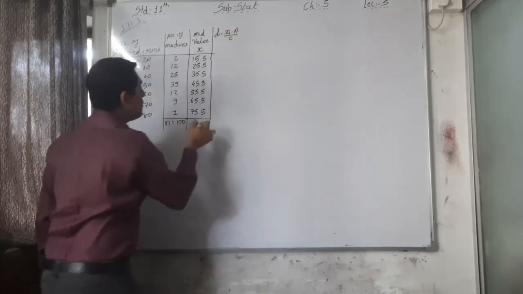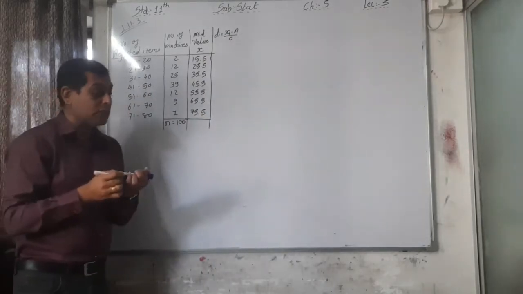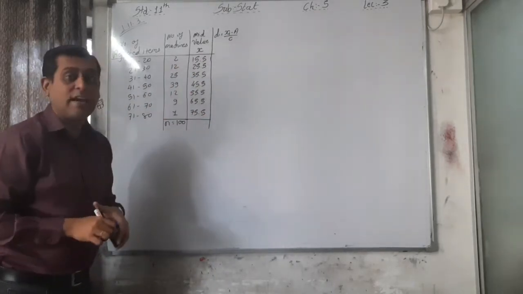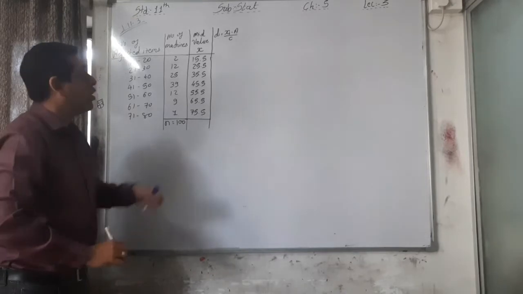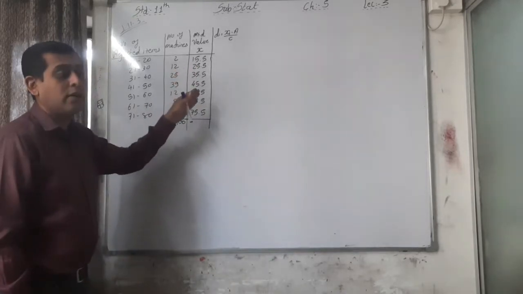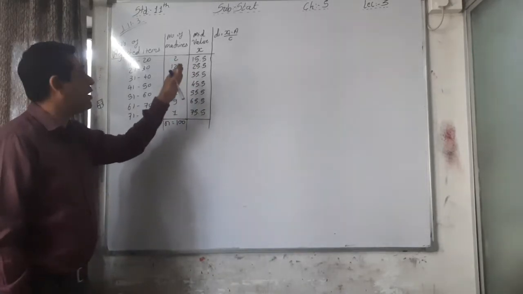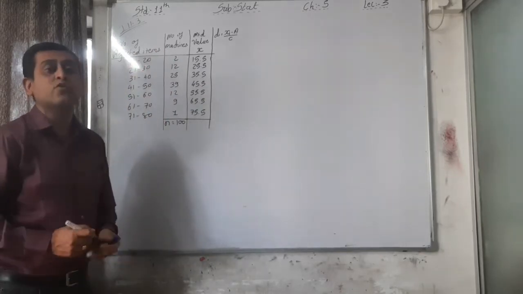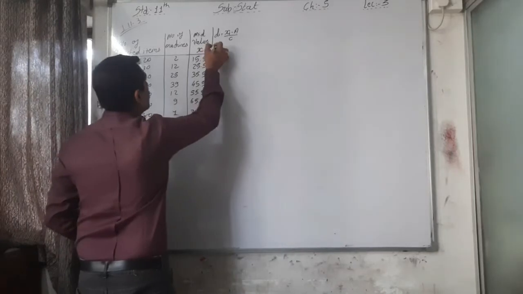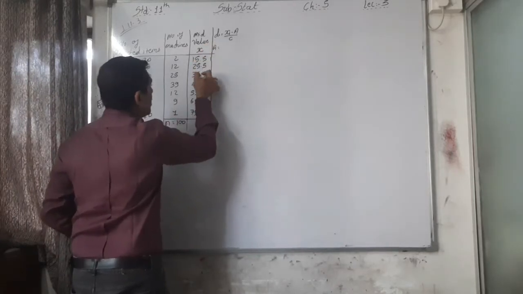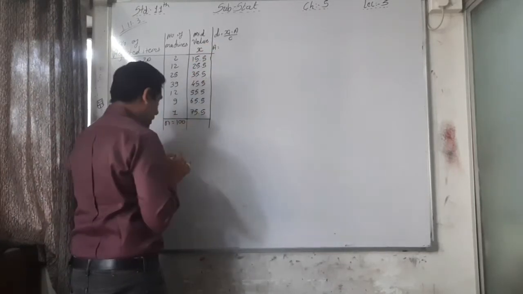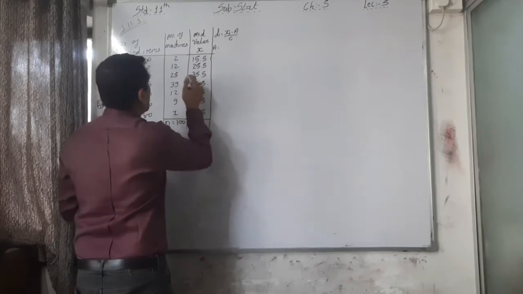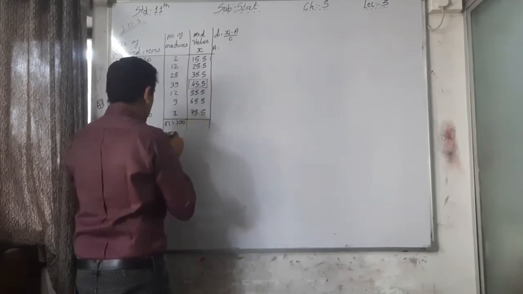Why? Because the observations, the values of x, are less than 100, but they are in decimal points. That's why the easiest method to find the mean is the shortcut method. We assume the middle one, so A is equal to 45.5.